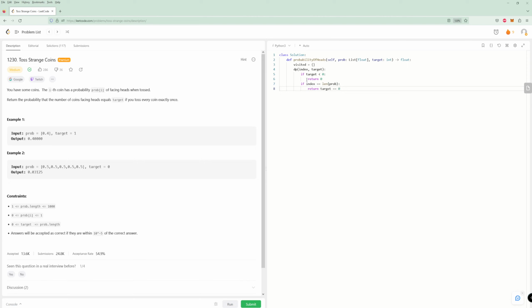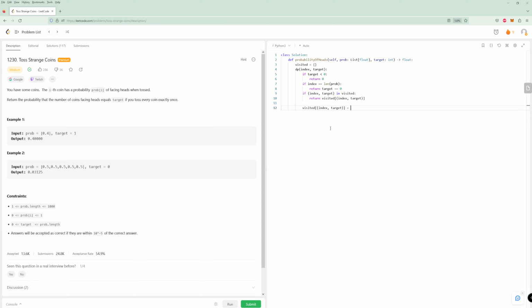Otherwise, we didn't get our solution. Then our third base case is, as usual, if index target in visited, return visited index target.